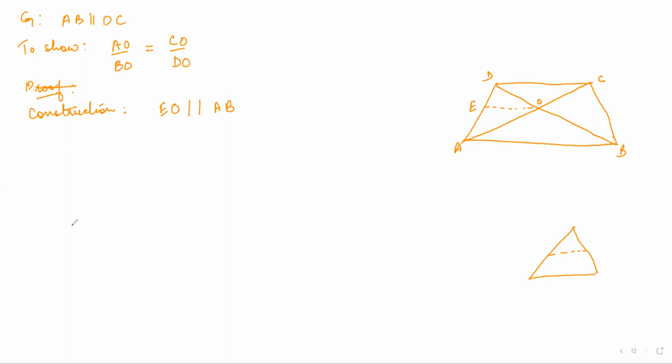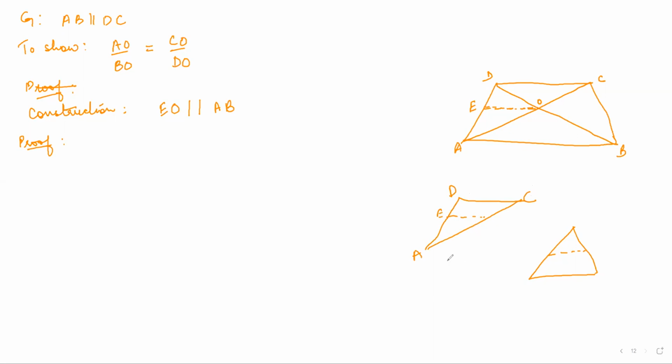Right. Now I'll do the proof. Now see, Sarah, because I have drawn a line parallel here, which two triangles should I take? One time I can take this triangle, which is called ADC, because I have a line parallel here, so I can use BPT.